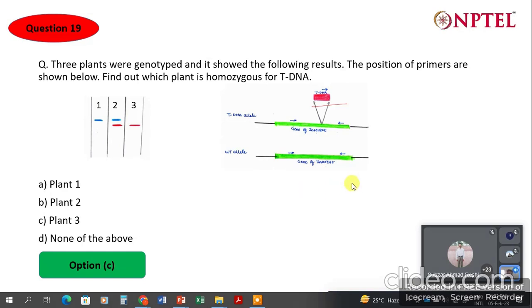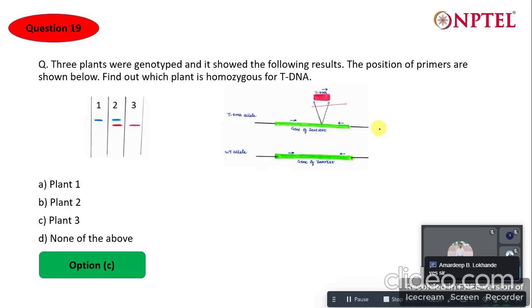Now I am writing something. Tell me whether it's visible or not. No, sir. Is it visible?